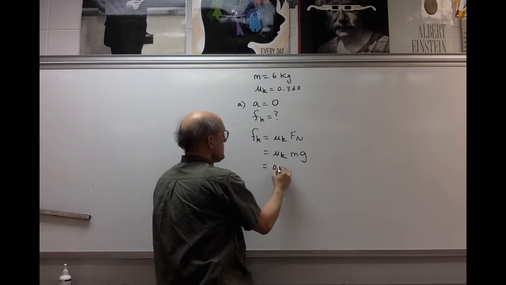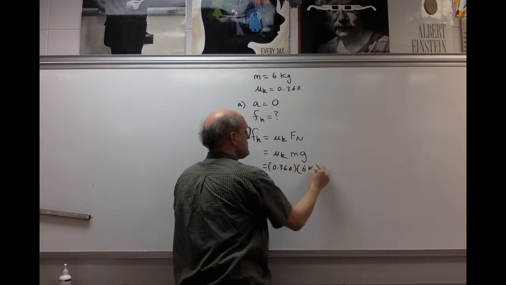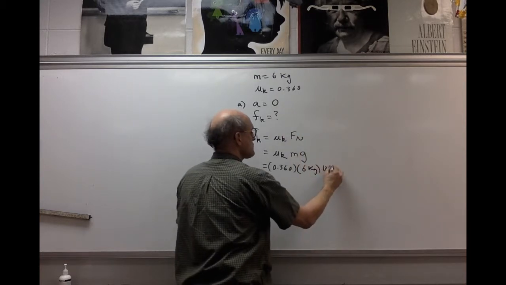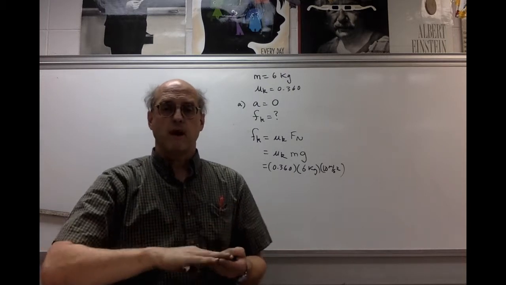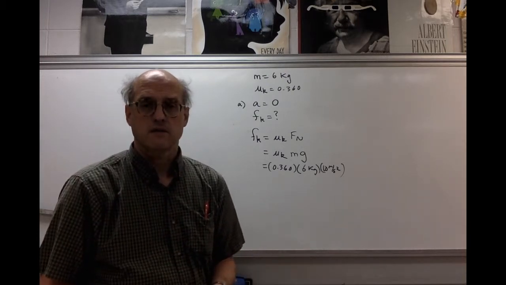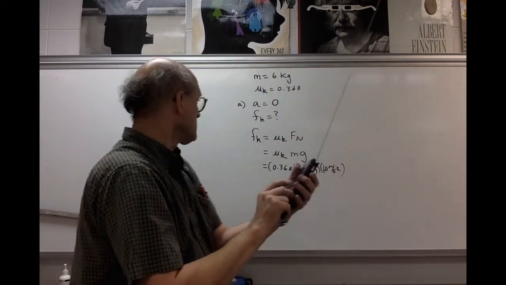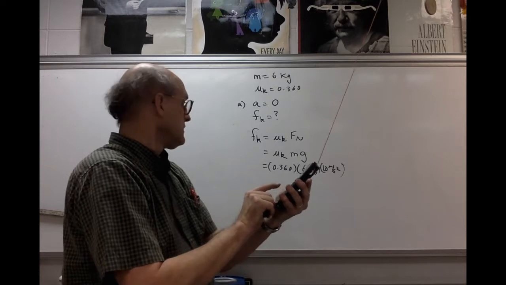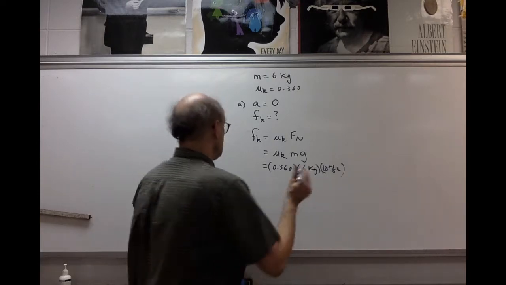So we take 0.360, multiply that by 6 kilograms, multiply that by 10 meters per second squared, and that would be the force of kinetic friction between the box and the floor of the elevator if it's being slid at a constant speed when the elevator is stationary. So we have 21.6 newtons.